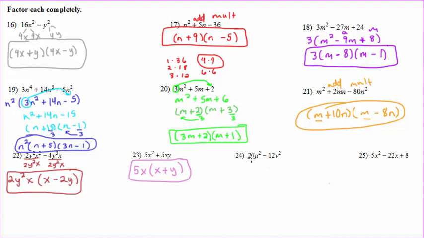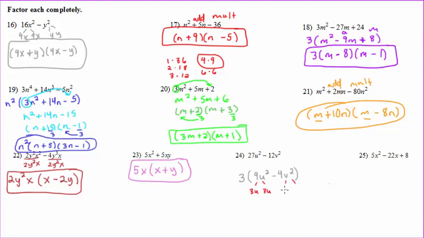24, I can divide both of these by 3, but I can't divide them both by a letter. They're different letters. So that gives me 9u squared minus 4v squared. And so this is where we go and we say, how can I split up 9u squared? It's got to be 3u and 3u.